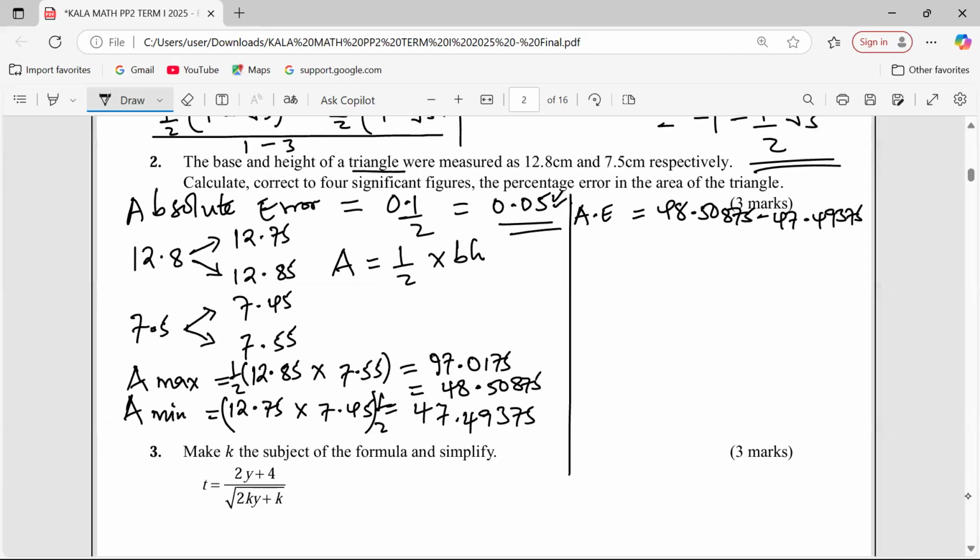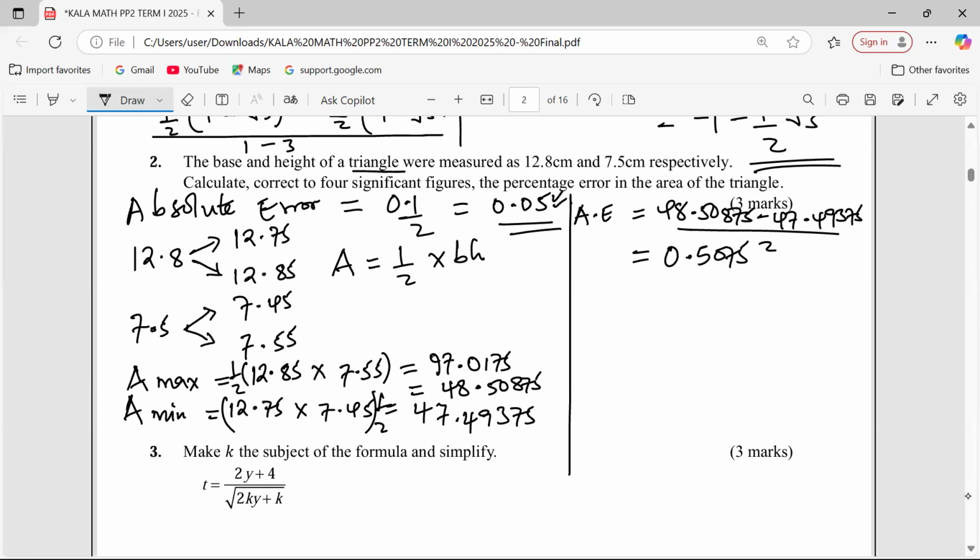Then everything should be divided by 2. So let's work out this one. We subtract 47.49375. Then we divide by 2. This shall be 0.5075. This is called absolute error.